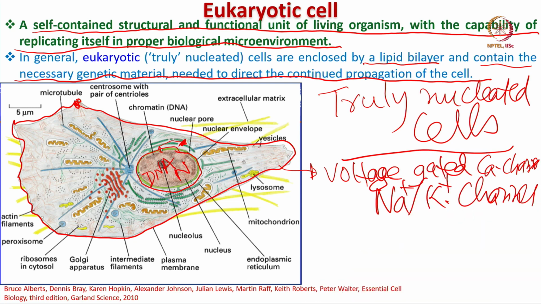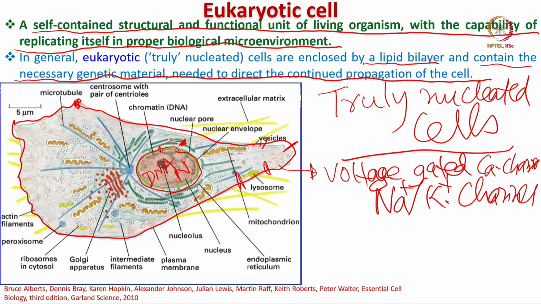Transmembrane proteins means proteins which go from inside to outside, and they also form small channels. Voltage gated calcium channels essentially allow calcium diffusion. Sodium potassium channels allow the entry of either sodium or potassium. These are very selective channels.